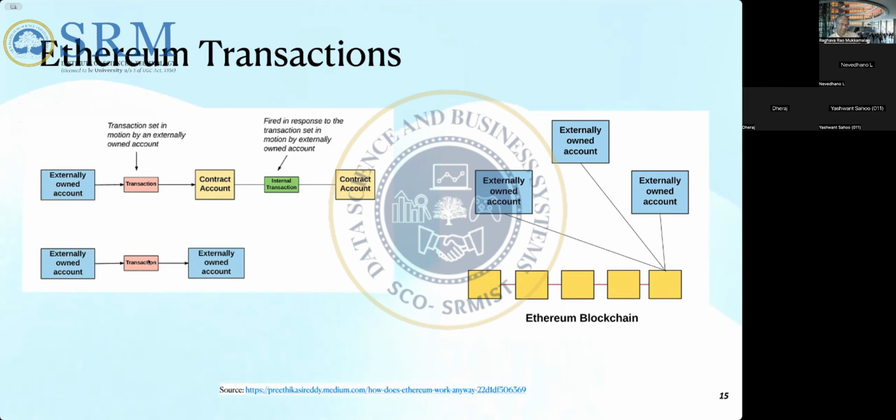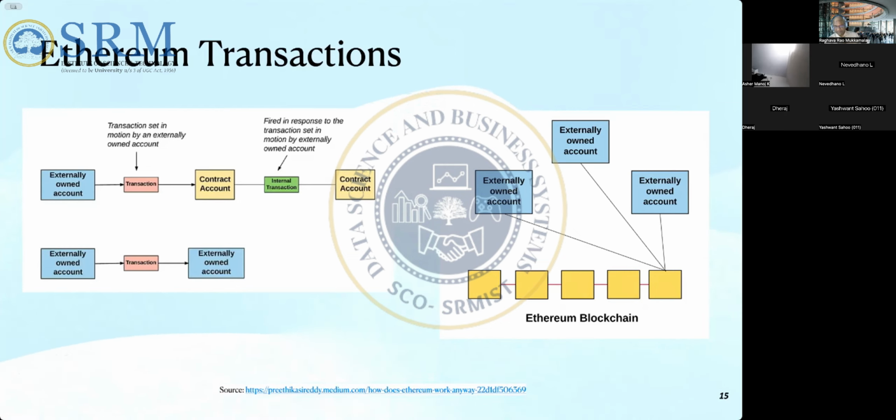This is just like what you do in normal banking. Of course, in normal banking you have a bank as an intermediary. Here, you have your own account, and you create a transaction to transfer money in the form of ethers to another account. So this is the normal, typical thing.